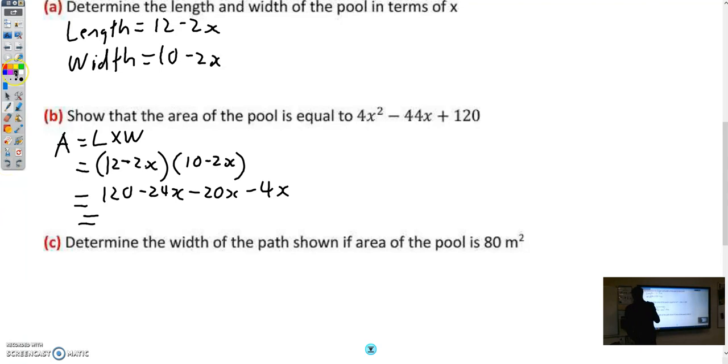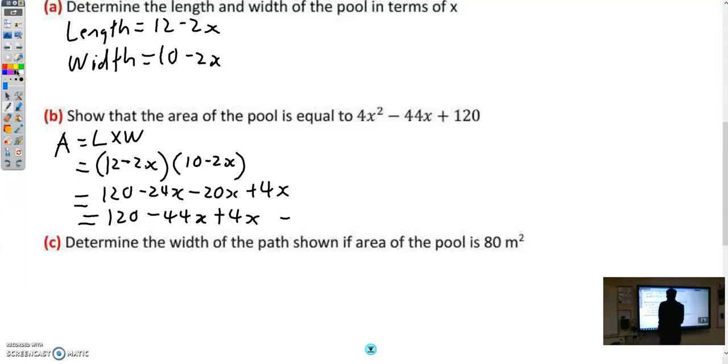So we're going to have 120 minus 44x. And I do apologize, I made an error before. This should be a plus 4x squared. Once again, because it is minus 2x multiplied with another minus 2x, negative times a negative gives us a positive result.